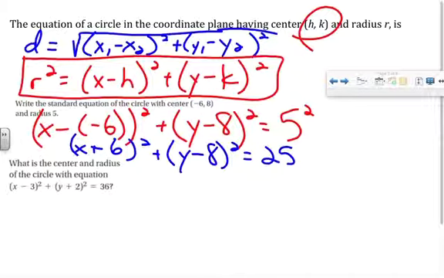Notice something about this center that they gave us in the previous problem and how it looks in the equation. Notice very carefully that the x-coordinate was negative, but what do you see in the equation? You see a positive 6.